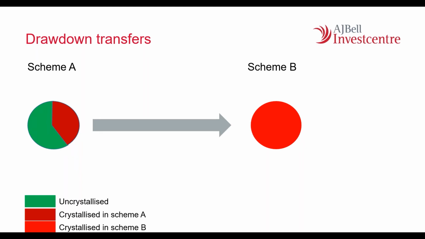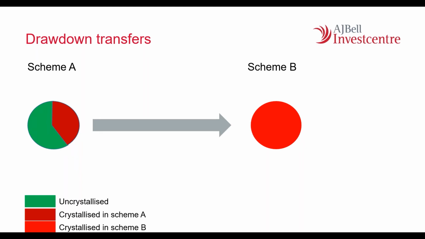You have an arrangement which was originally crystallised in scheme A that keeps separate, and then you've got your crystallised funds in scheme B. Once you're all in scheme B, you choose to crystallise the extra funds. You can choose, with the administrator, which pot it goes into.